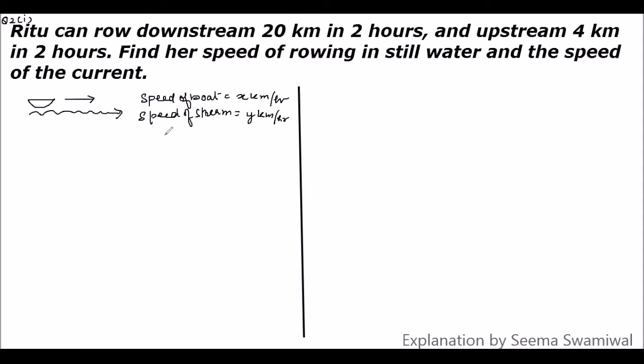So the resultant speed of the boat in downstream will become x plus y kilometer per hour.